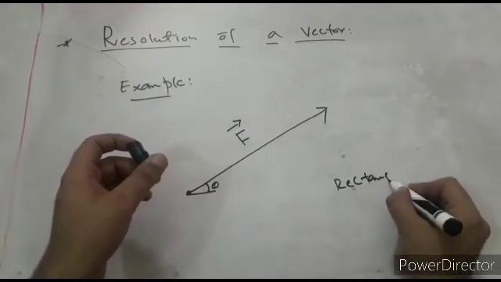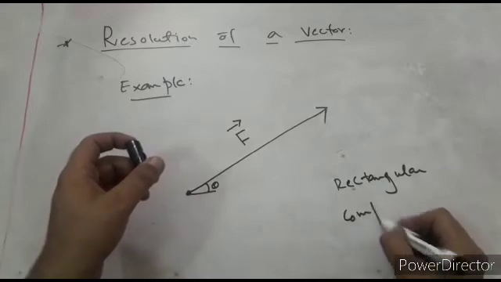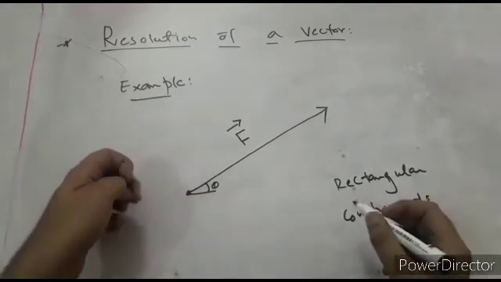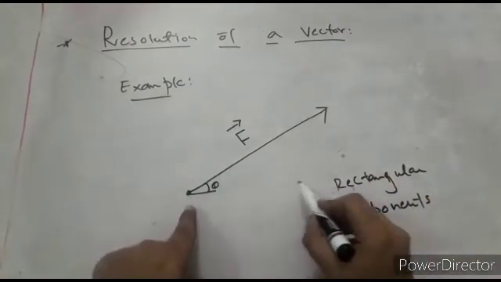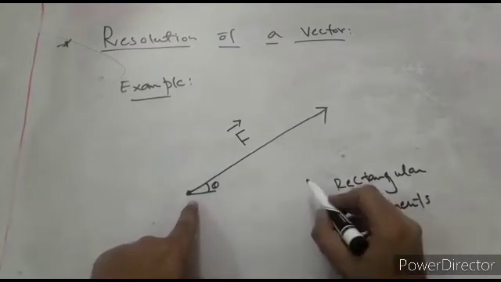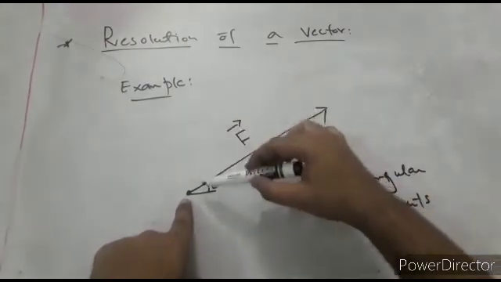Why they are called rectangular components, we will see later on. And what are these components? The first component is along the x-axis, and the second component will be along the y-axis.